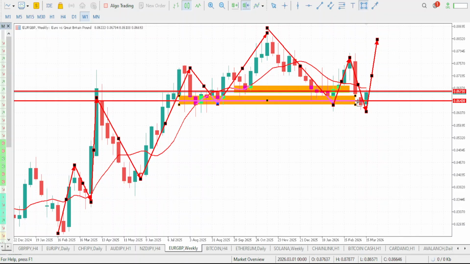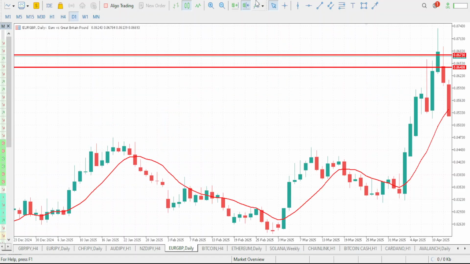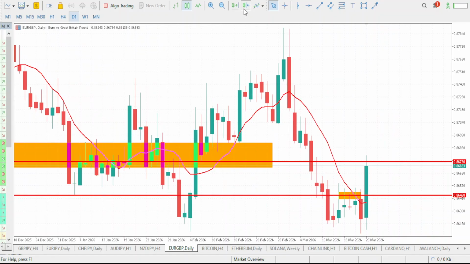We should be expecting a rejection from this level and the market to bounce up and push up. So guys, whatever you want to be doing on Euro GBP, you want to be going in for a bullish move. This week will be a bullish move for us. So going for the buy and holding your buy position, you're most likely going to be profitable with that movement.